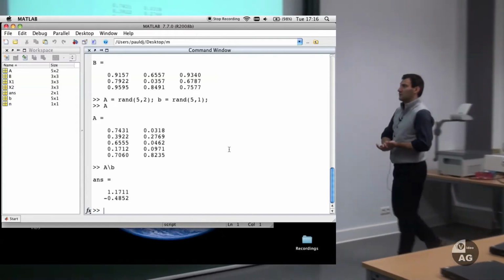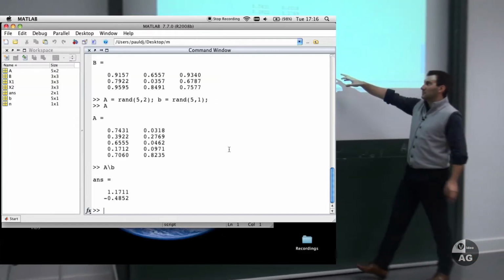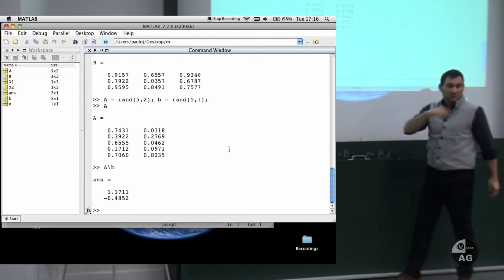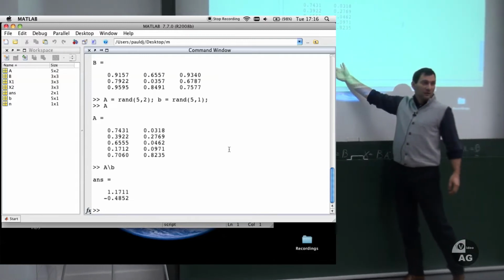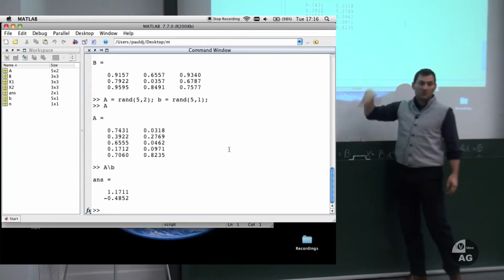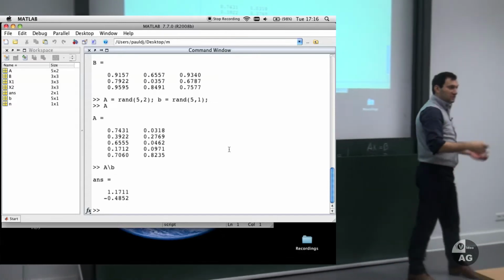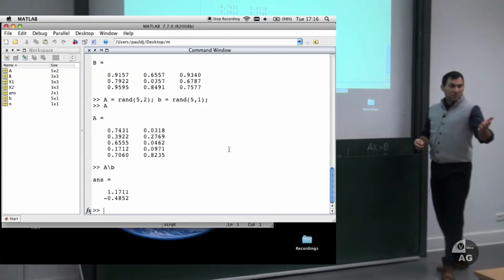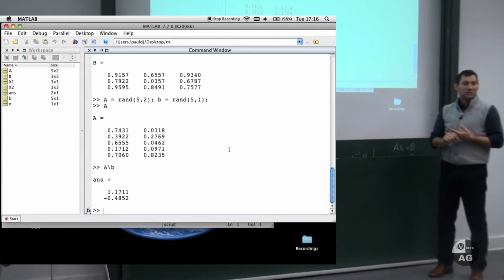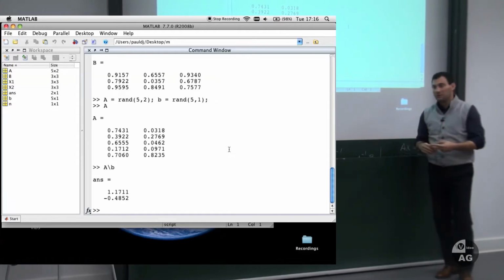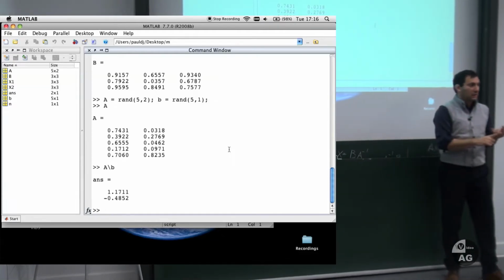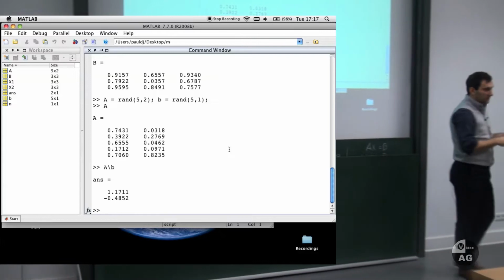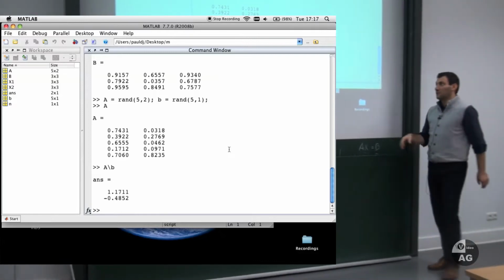So not only does the backslash or slash decide whether you're solving a linear system or a least squares problem, it looks at the structure of the matrix. If the matrix is symmetric, some algorithm will be used. If the matrix is symmetric and positive definite, some other algorithm is used. If the matrix is non-symmetric, other algorithms, and so on.